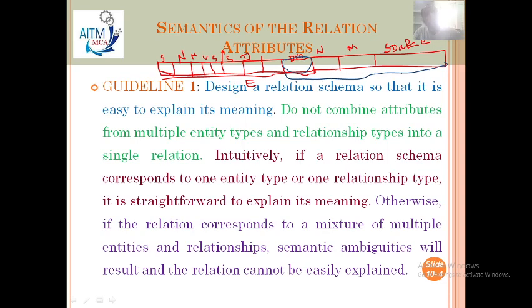If you follow this way of designing the tables, what is going to happen? Please tell me, any one of you. What is the difference between having two separate tables and combining the employee table as well as the department table into a single table with all the attributes? What happens?